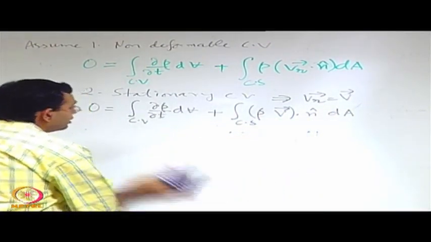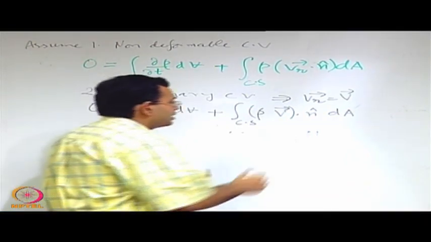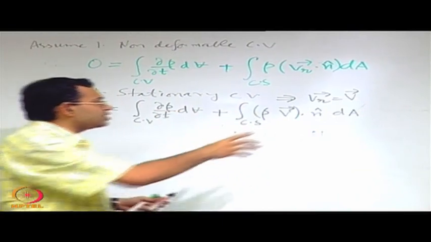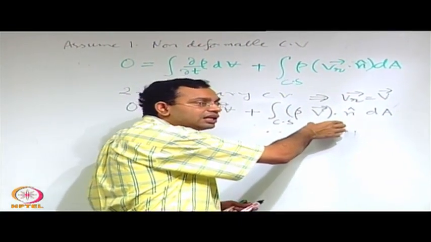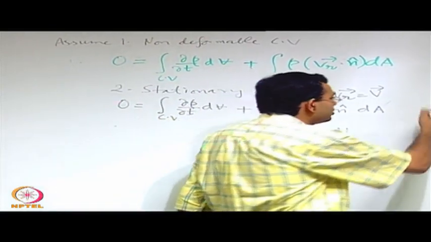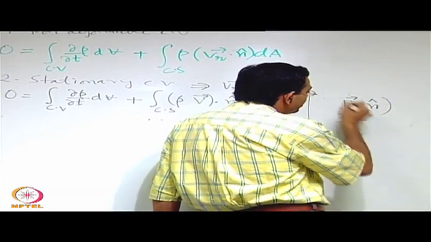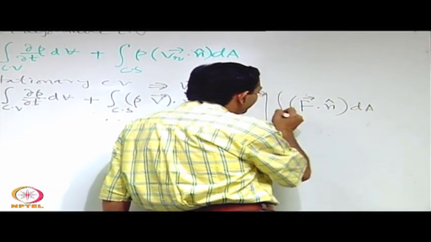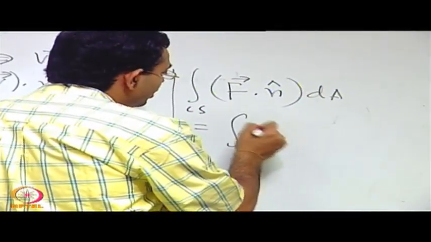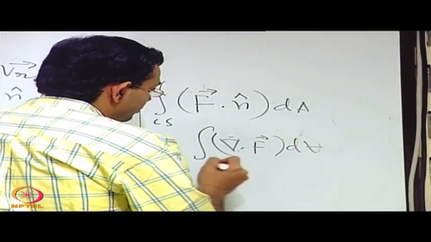We may simplify this further by a very important but straightforward understanding that it is possible to express this area integral in terms of a volume integral by using the divergence theorem. So, what does the divergence theorem state? The integral of F dot n dA over the control surface is equal to the integral of the divergence of F dV.